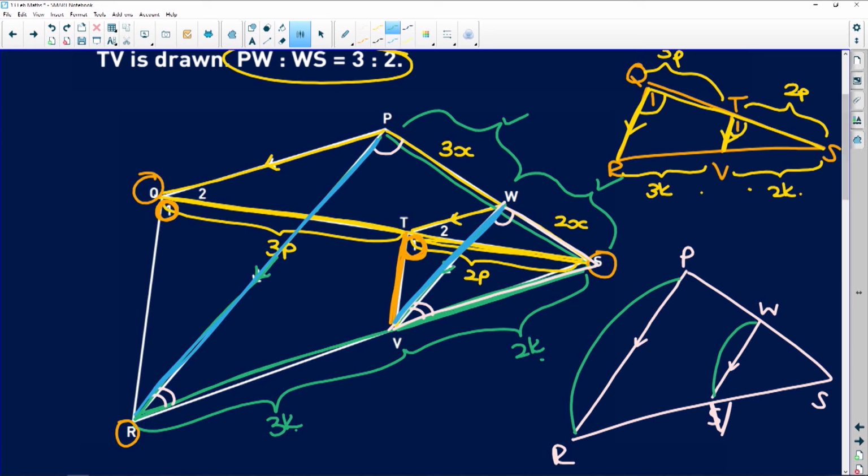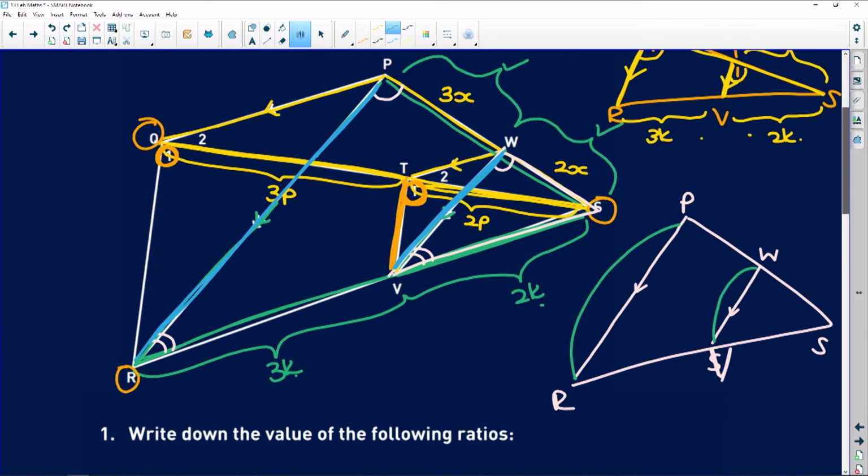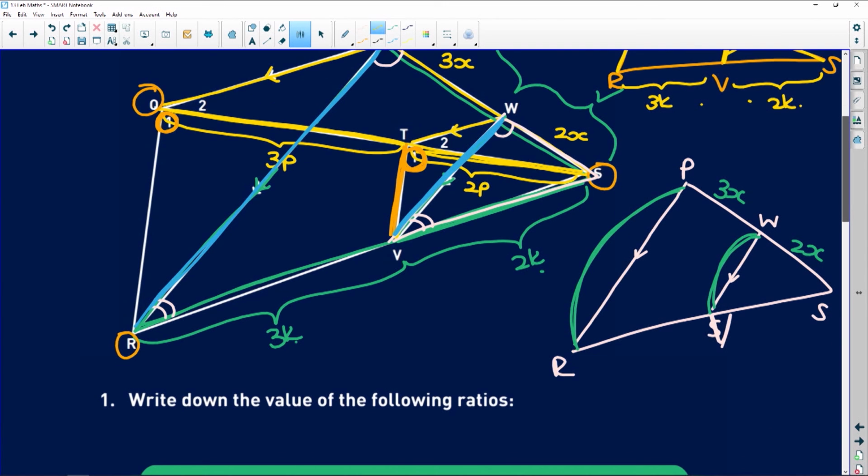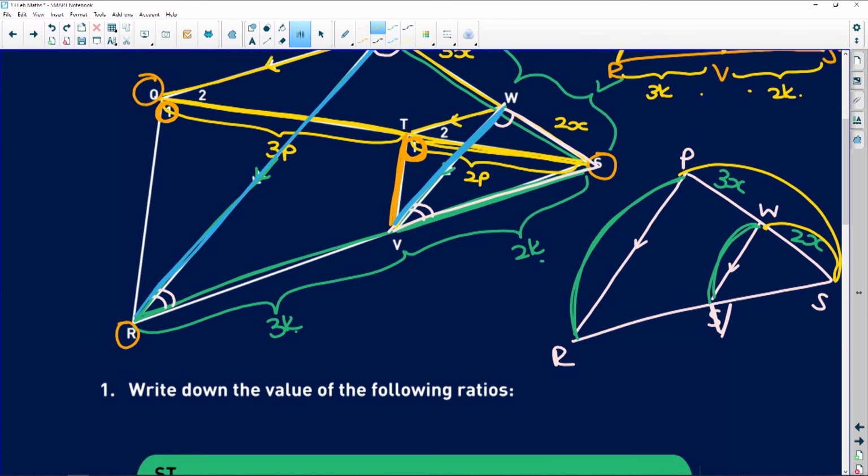Okay, so in order to do that, remember we established that this is 3x and this is 2x. So if I want to take a short side over a long side, I need to relate it to another short side over a long side. So this is the short side, and that is the long side. It is the whole side. So I'm going to do the proof here.